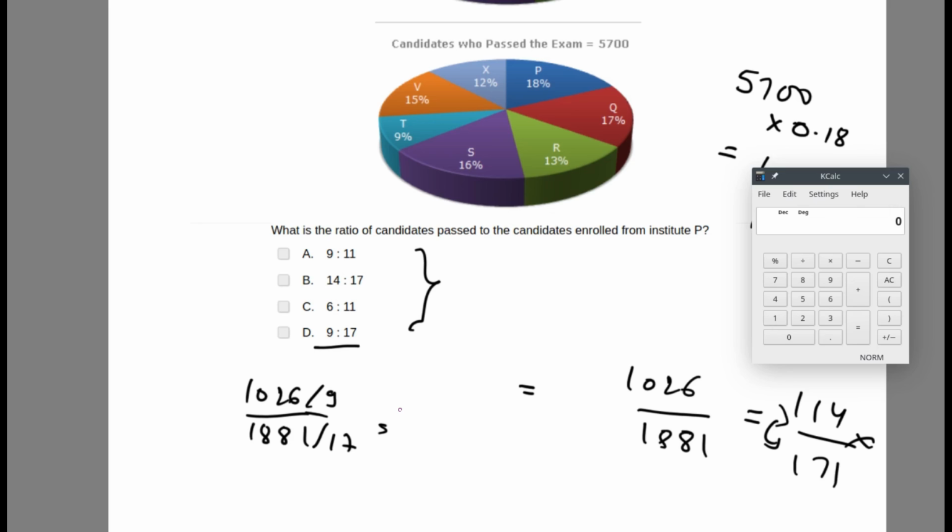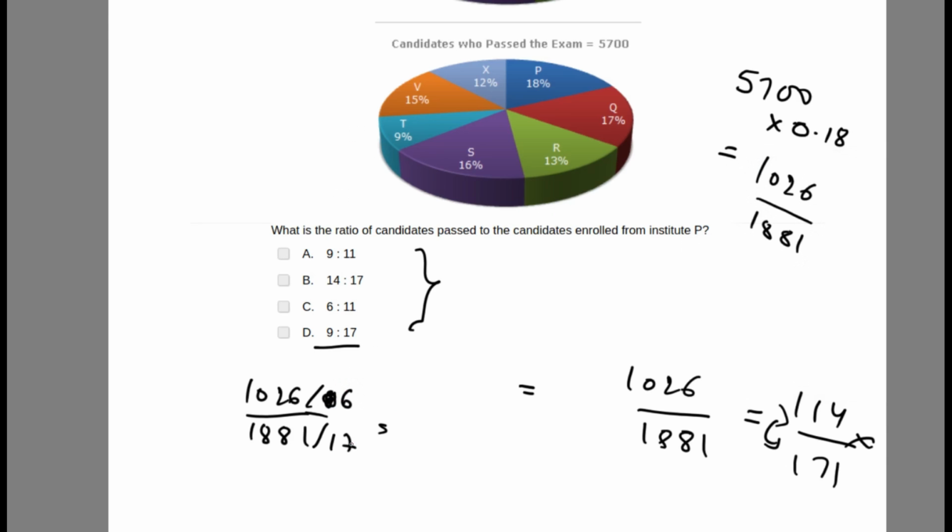So we'll move to the third option, which is 1026 by 6, 171, and then 1881 by 11, which is 171. Oh, we got that. If we divide this by 6 and this by 11, we get 171 in both cases. So this must be our answer. All the others can be said to be wrong.